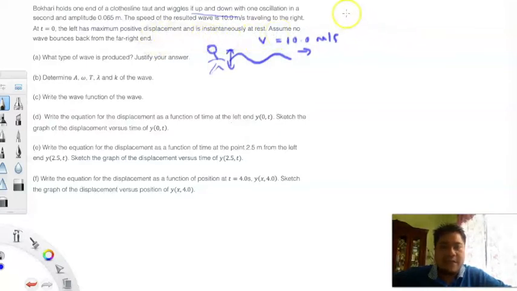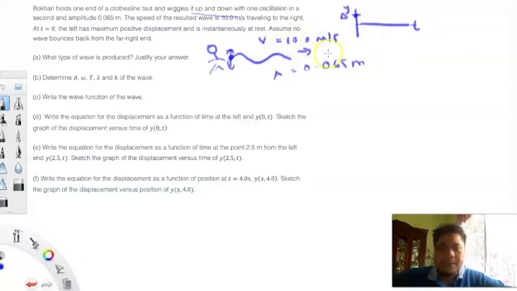That means if we sketch the displacement versus time of the point here, it starts at some displacement, and the displacement amplitude A is 0.065 meter. Okay, so we have this information.